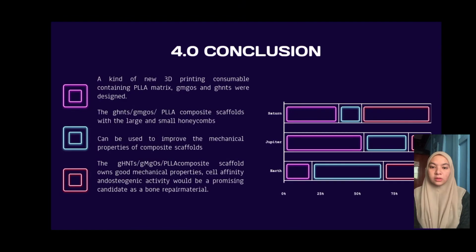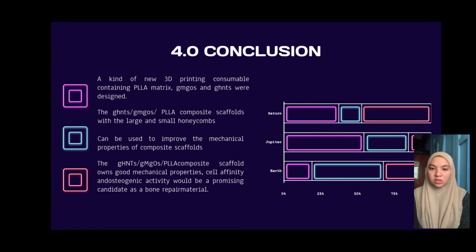scaffold. In this study, a kind of new 3D printing consumable containing PLLA matrix, GMGOs and GHNTs was designed. Moreover, GHNTs/GMGOs/PLLA composite scaffolds with the large and small honeycombs in a pore size of 510 plus or minus 20 micrometers and 210 plus or minus 15 micrometers were further successfully fabricated via 3D printing.